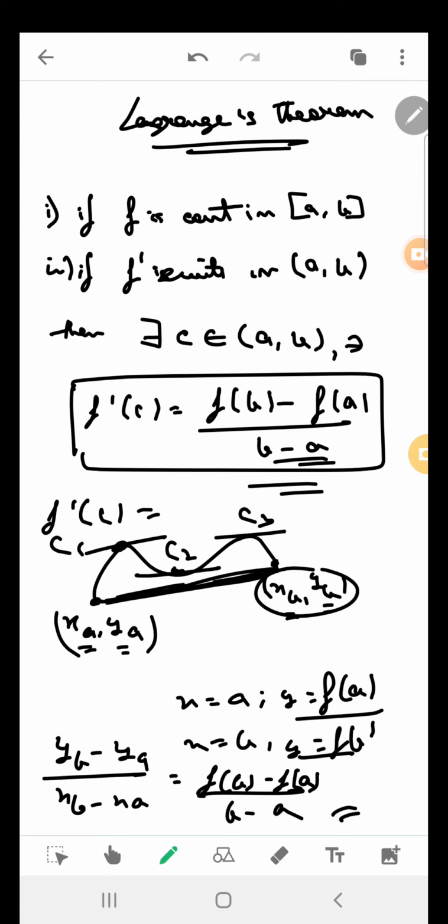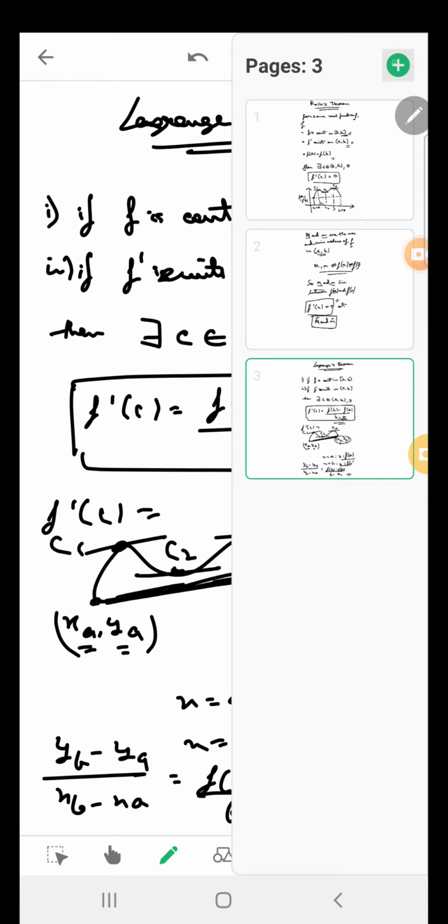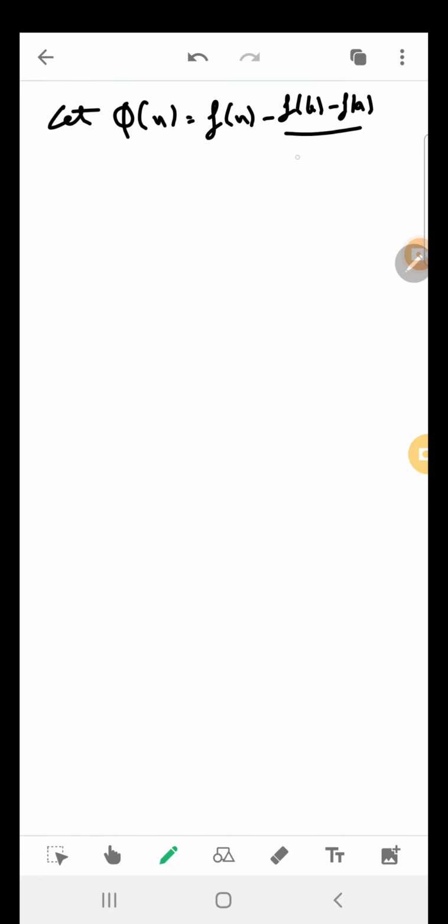Okay, let us understand the proof of this particular theorem. So this can be proved like this. Let phi x be equal to f(x) minus (f(b) minus f(a)) over (b minus a) times x. Clear?